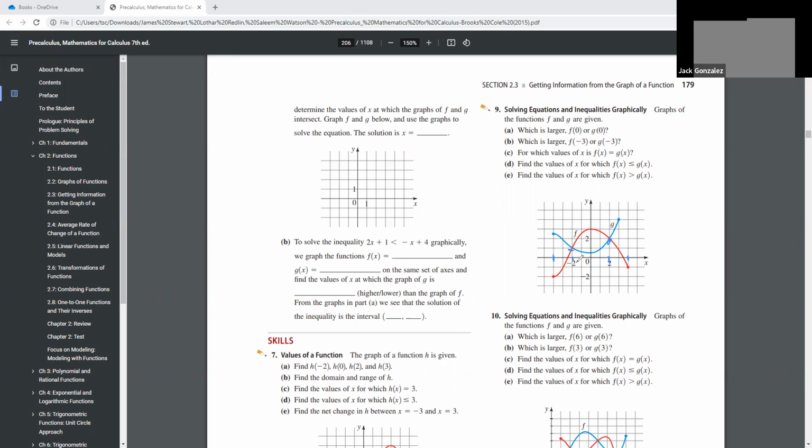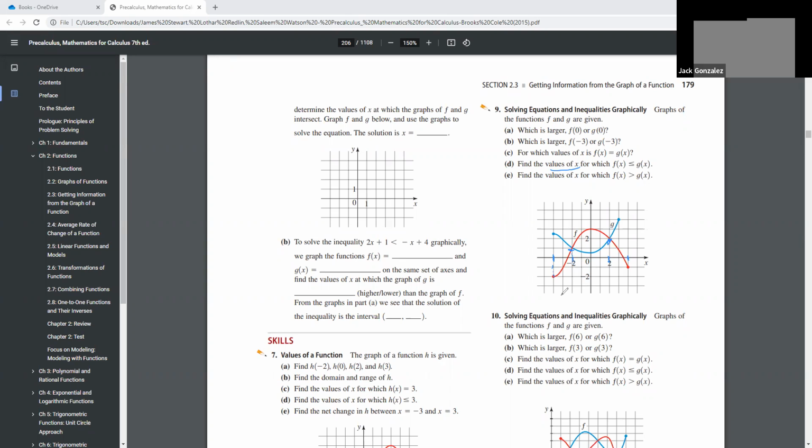-4 to -2. Do you see how we choose those intervals? You agree at this point, the red's below the blue, right? So when they're talking about where or find, they're talking about the x values. So the x is related to this y value here, and this y value here.